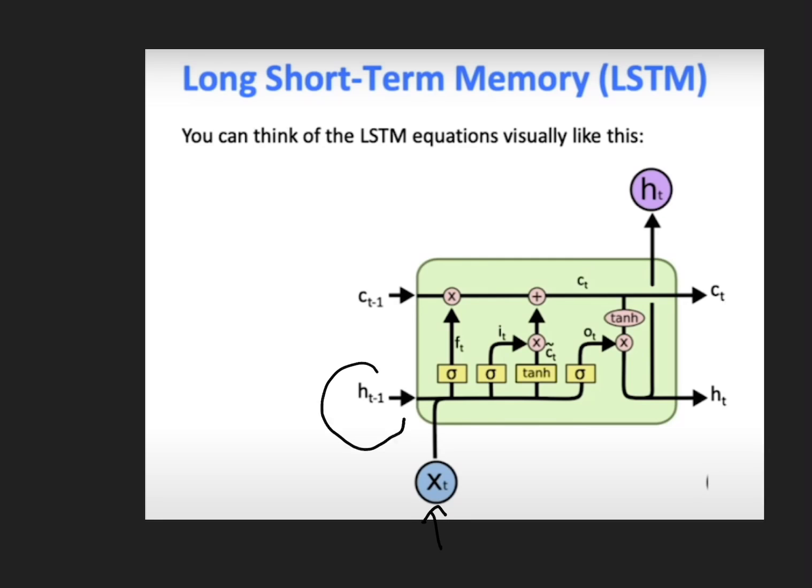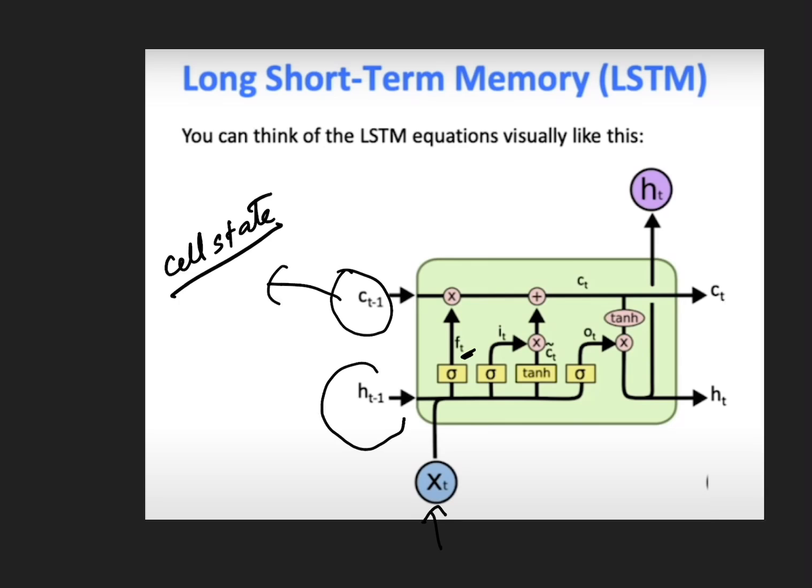This is my previous hidden state. This is my cell state. What does cell state mean? At any given point of time, it contains the condensed information of everything that has been given to it till now. Correct?